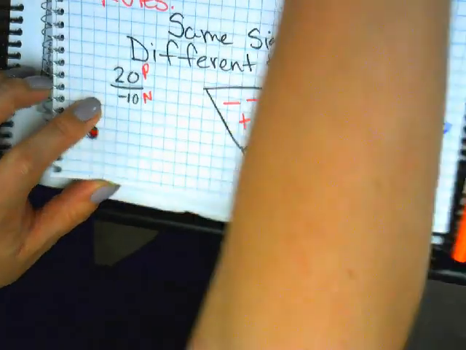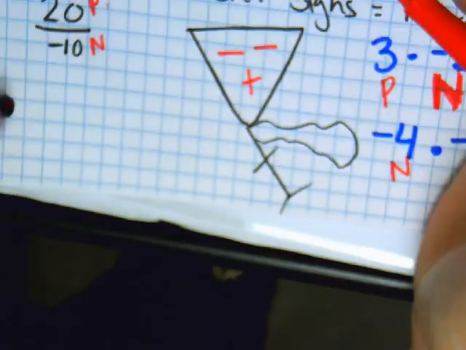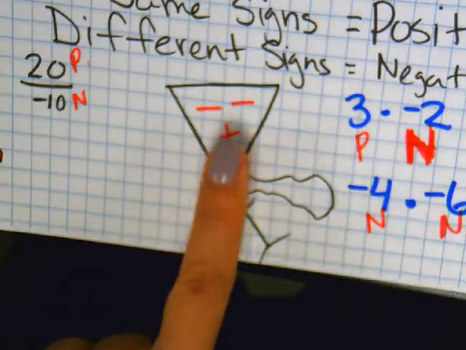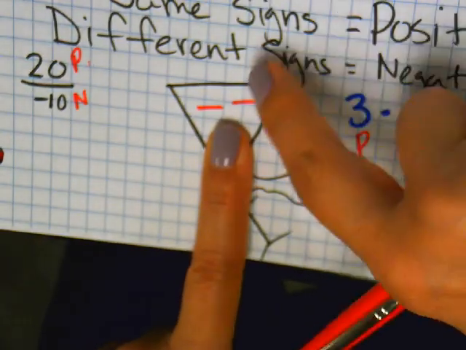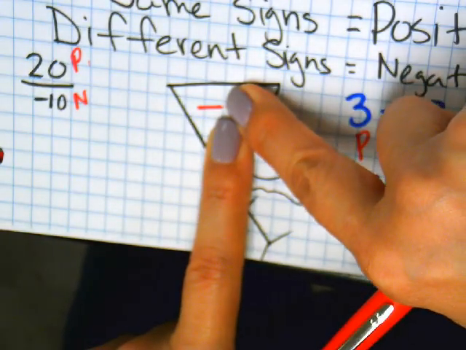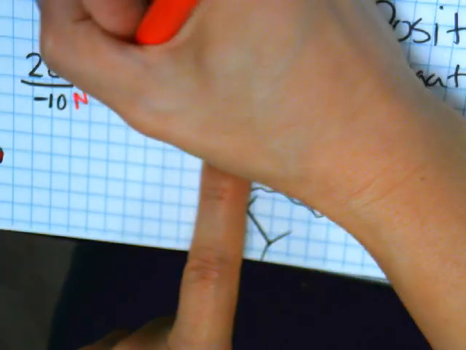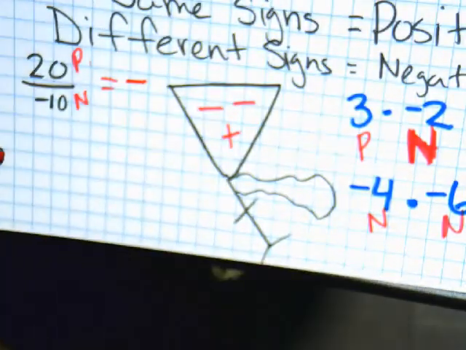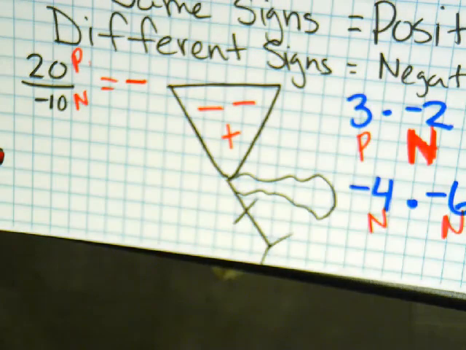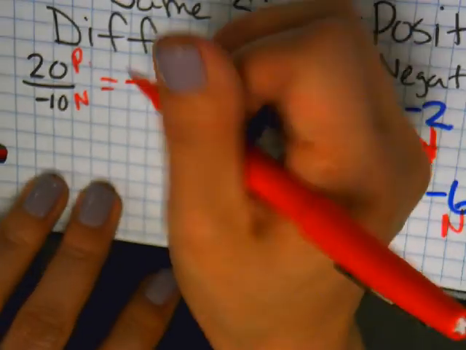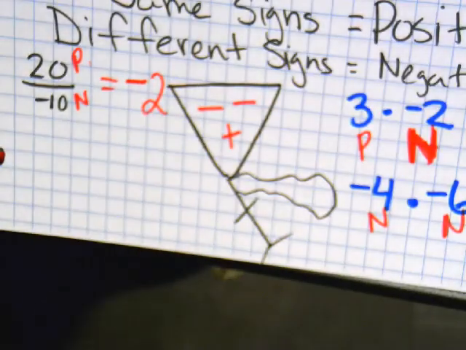Positive, negative. So I'm going to cover up the positive. I'm going to cover up the negative. What's left over? Negative. So you cover up what you have. What's 20 divided by 10? 2. So negative 2.